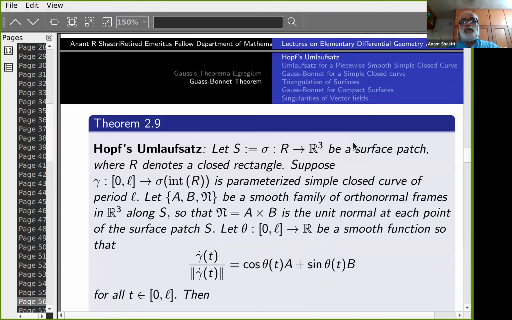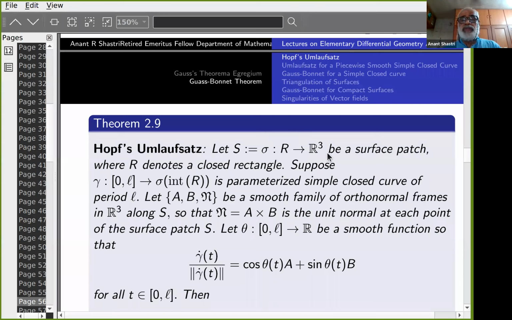Now we can state Hopf's Umlaufsatz, the turning angle theorem, in English. You take a surface patch this time. R is some domain inside R2, maybe a rectangle or maybe a disk, doesn't matter.